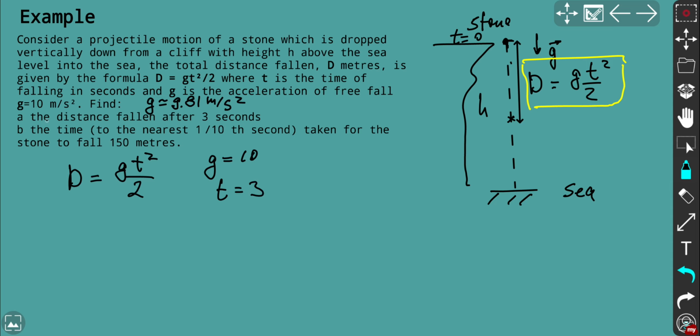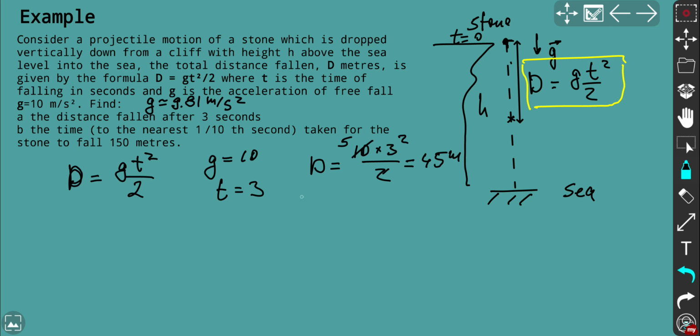You need to figure out the distance. The distance is already expressed, so you don't need to rearrange the formula, you just plug in. So you've got 10, you multiply by 3, the time, squared, and divide by 2. You can use a calculator, but you can also cancel manually: we've got 5 times 3 squared, times 9. So the final answer is going to be 45 meters.